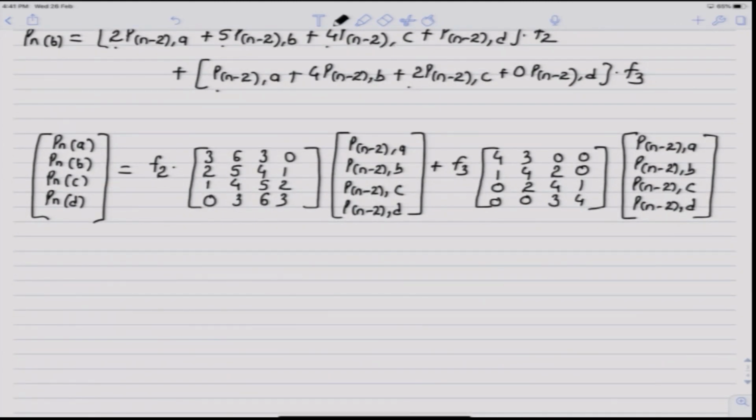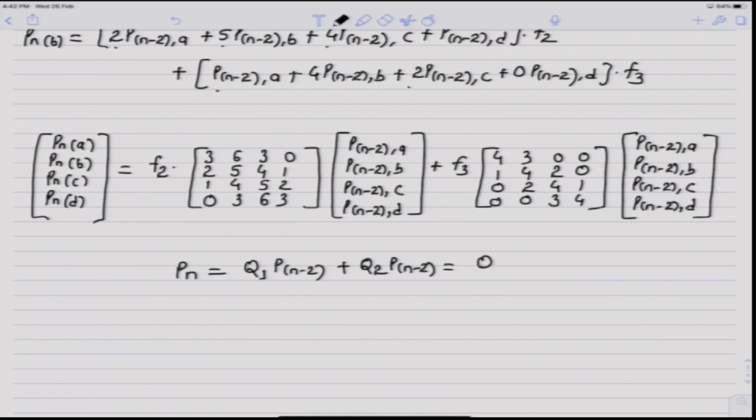So, we can write this as P n is the matrix of P n of S. This F2 times the matrix we can write as Q1 P n minus 2 plus F3 times this matrix we can write as Q2 P n minus 2.